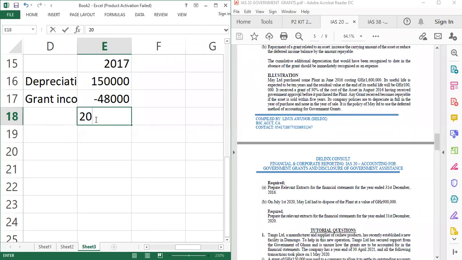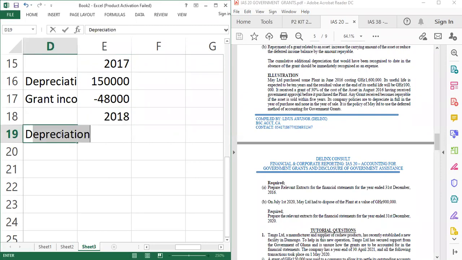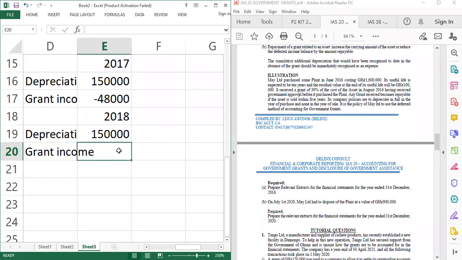2018, we are still going to have the same thing. Depreciation of 150. Then we have grant income of 48,000. 2019, we are going to have the same thing, isn't it?